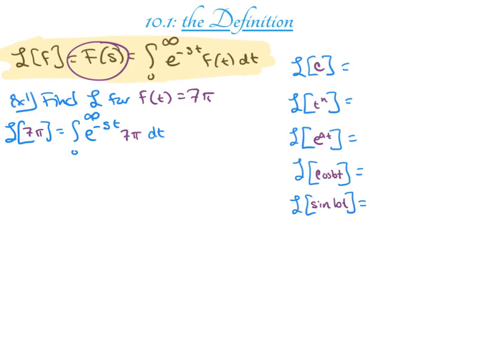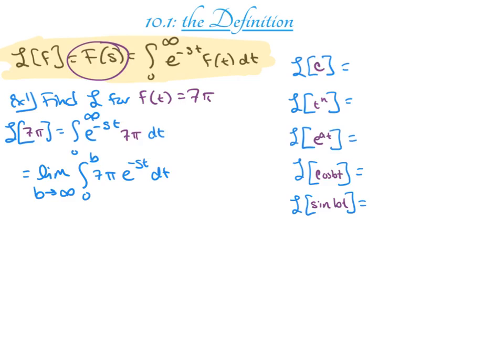Now, one of the reasons, admittedly, that I love Laplace transforms is I love teaching calculus too. So integrating an improper integral from 0 to infinity is cool. So here's how I'm going to write that. This is the limit as, let's say, b goes to infinity of the integral 0 to b of 7 pi e to the negative st dt.